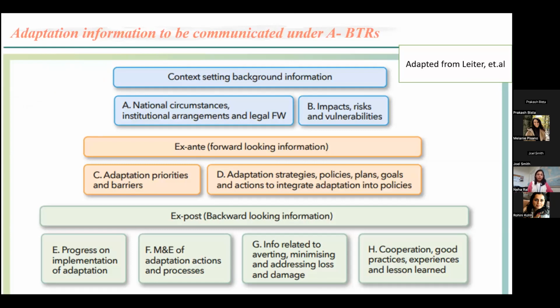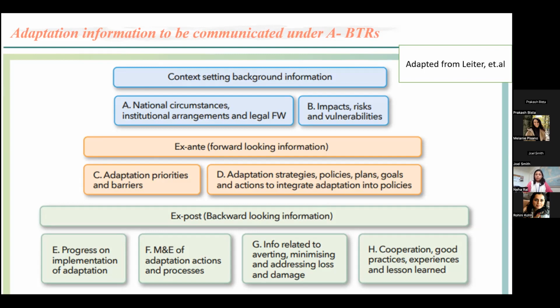Besides the global goal of adaptation, this framework can also be used to assess and track climate change adaptation in the agriculture sector, particularly for reporting on the BTRs. As you all know, Chapter 4 of the BTR biennial transparency reports, which will be submitted, which are voluntary from next year, is focused on adaptation.